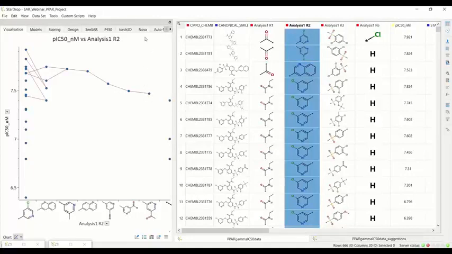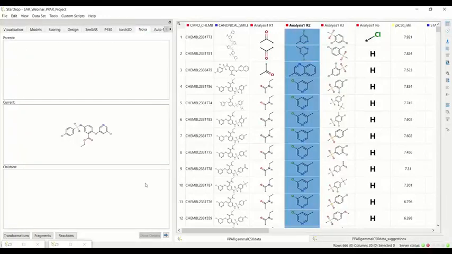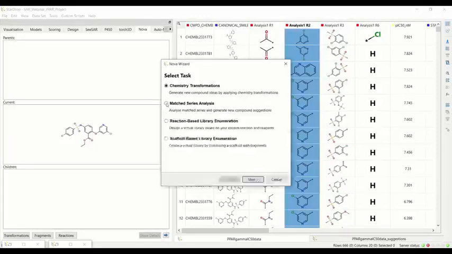One of the things that I would like to mention before we hand back to Matt is that it's good to be able to look at SAR and say, yes, this is the SAR within the set. But even better to be able to use that SAR to make suggestions for new compounds to make. One of my favorite applications within NOVA, which is our novel molecule generation module, is matched series analysis.